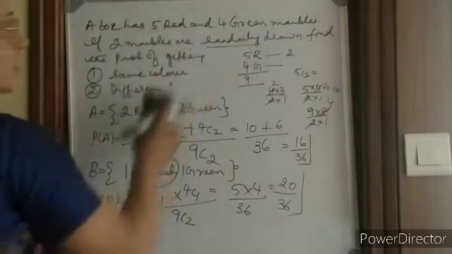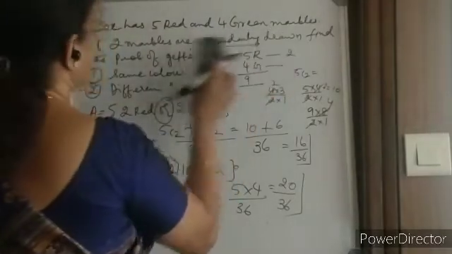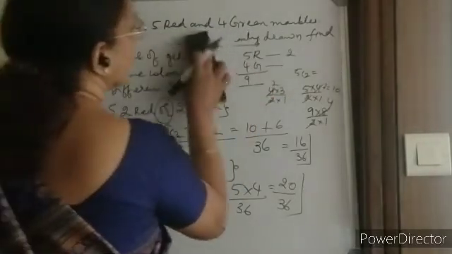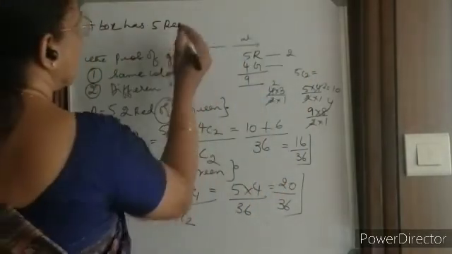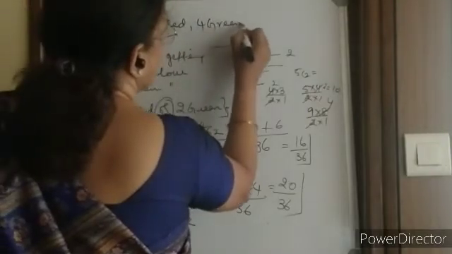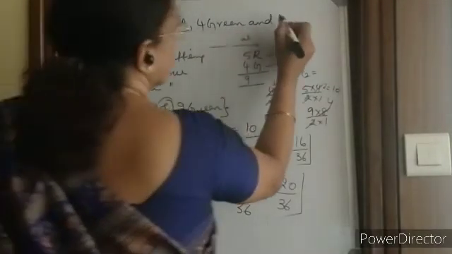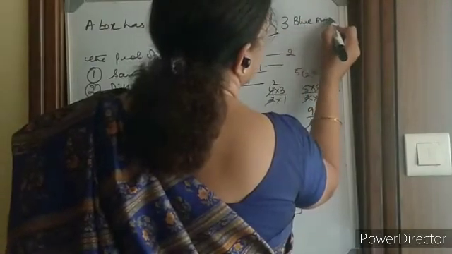Now I can just add one more color in this. So a box has 5 red, 4 green. Now see, I'll add it up now. 5 red, 4 green and 3 blue marbles.